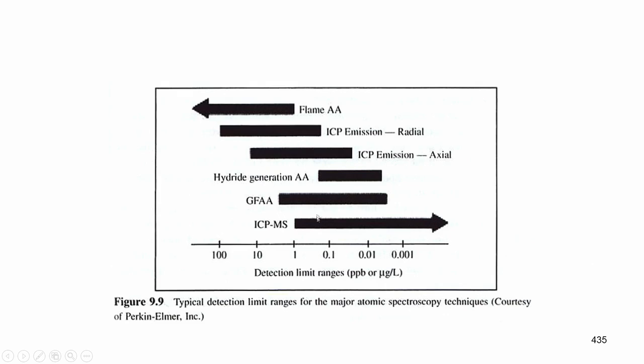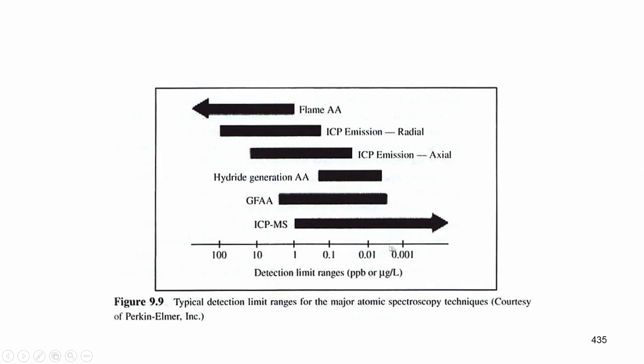For hydride generation, the detection limit ranges from about 0.005 ppb, that is 5 parts per trillion, up to 0.1 or 0.12. All the elements, arsenic, selenium, tellurium and bismuth, have detection limits in this range.